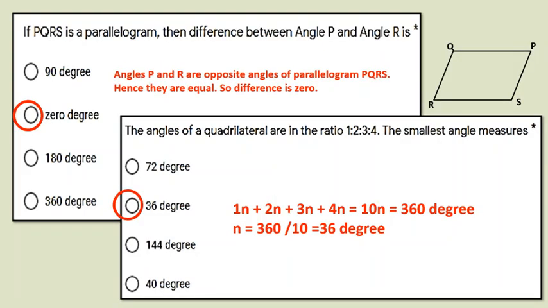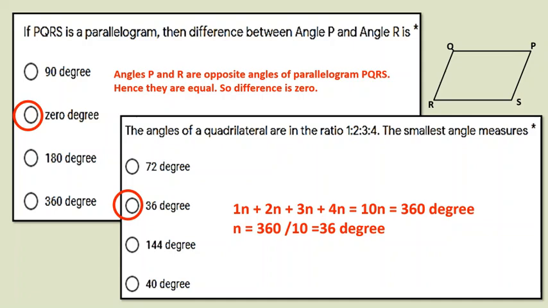Another question. PQRS is a parallelogram. Then what is the difference between angle P and angle R? On the side you can see one rough figure PQRS. PQRS means P and R are opposite angles. Even if a picture is not there, you should be able to tell.